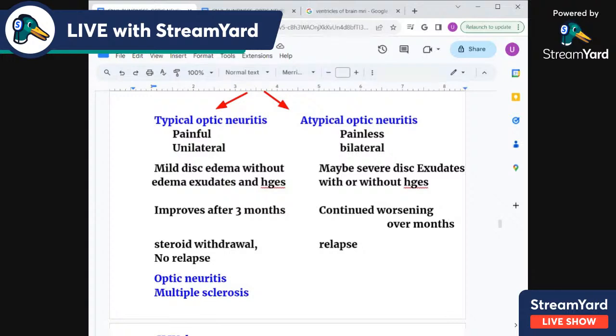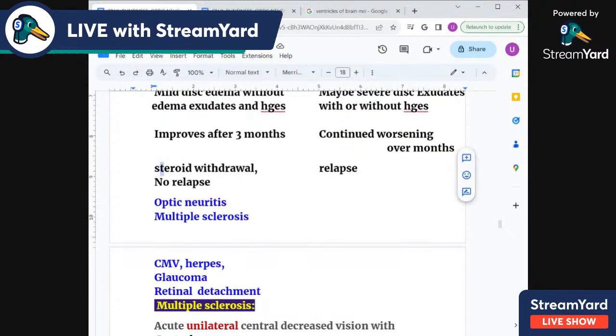The typical one improves after 3 months, and the atypical one continues worsening, and with steroid withdrawal there is no relapse of the typical optic neuritis, but relapse occurs after steroid withdrawal with atypical optic neuritis.